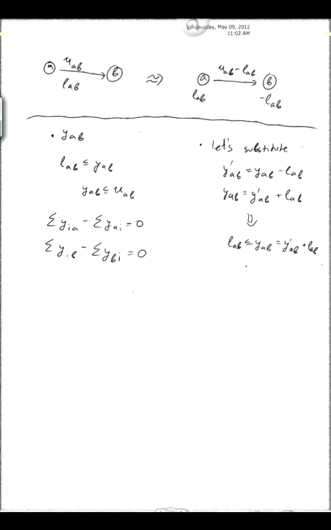Combining these, y prime ab has to be bigger than or equal to 0, because we can move the L to the other side and it cancels out. A similar thing happens to the upper bound constraint. Doing this substitution and moving the L to the other side, y prime ab has to be less than or equal to uab minus lab.